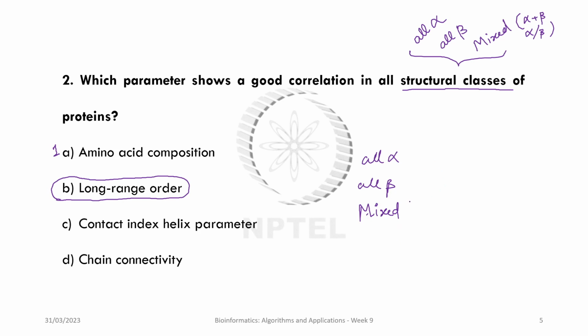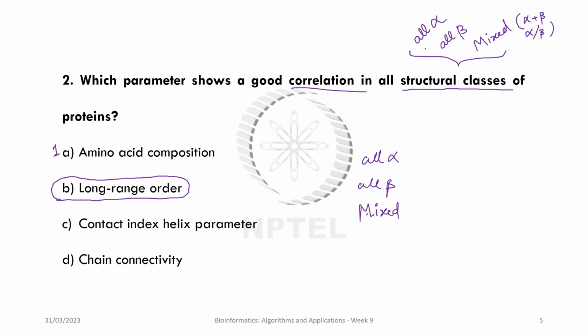Right? So apart from that, if you look at amino acid composition, it will vary depending on whether a protein is predominantly hydrophobic, or a transmembrane helix, or a beta barrel. The amino acid composition could vary quite differently between the all alpha, all beta, and mixed categories. But here we are not talking about the absolute values; it is the correlation, right? Obviously, amino acid composition will not be the same for all alpha and all beta proteins.